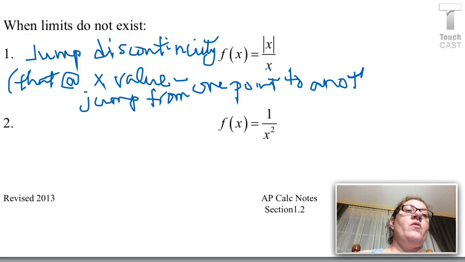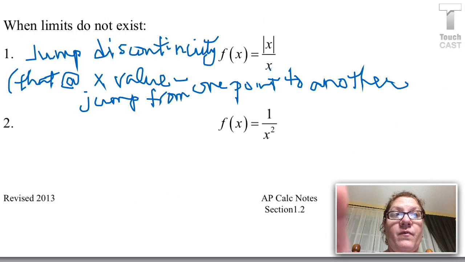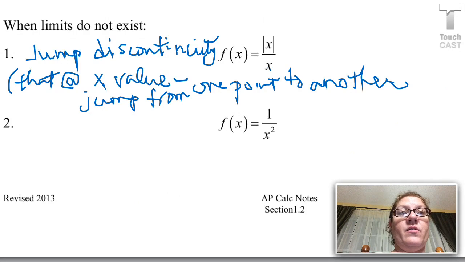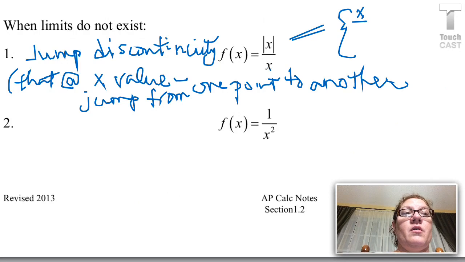So, for example, I have a piecewise function every time I have an absolute value. So I'm going to redefine this as, remember, that absolute value is positive if the inside stuff is positive, and so the shortcut is saying x greater than 0, which means really this equals 1.